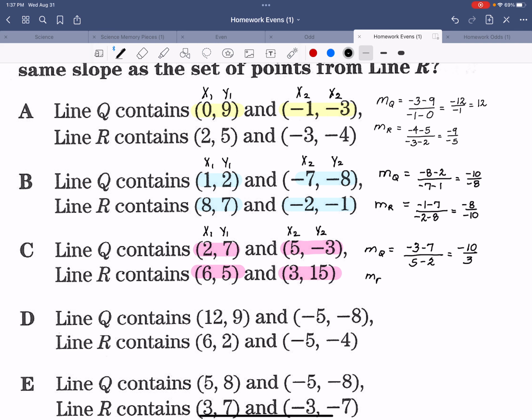And then the slope of R is 15 minus 5 and 3 minus 6. That's 10 over -3. There we go. Those match. They both have a negative sign and they both have a 10 over 3.